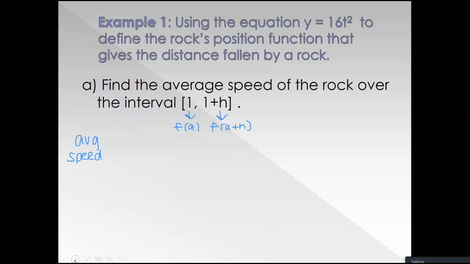So that means that the average speed is 16 times 1 plus h squared, because this is your f of x, the 16t squared. So it's f of a plus h minus f of a, which is 16 times quantity 1 squared, all over a plus h minus a, which we know our ones are going to cancel to leave me with h.